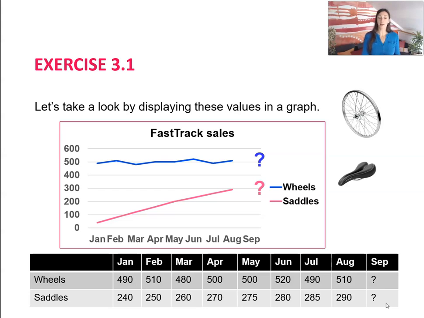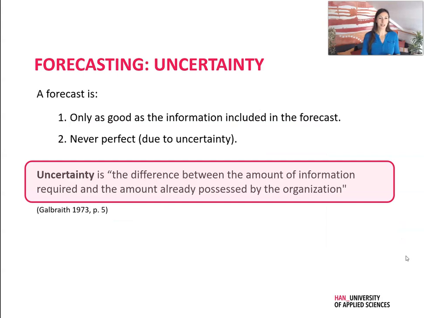Again, write it down. And once you've written it down, I would like you to consider, would you use the same rules of reasoning to calculate the forecast for both wheels and saddles, or did you use slightly different methods? Again, write them down and bring them to class for discussion.